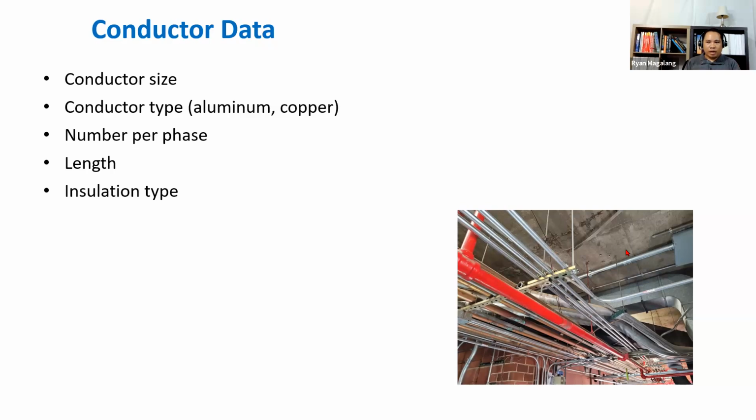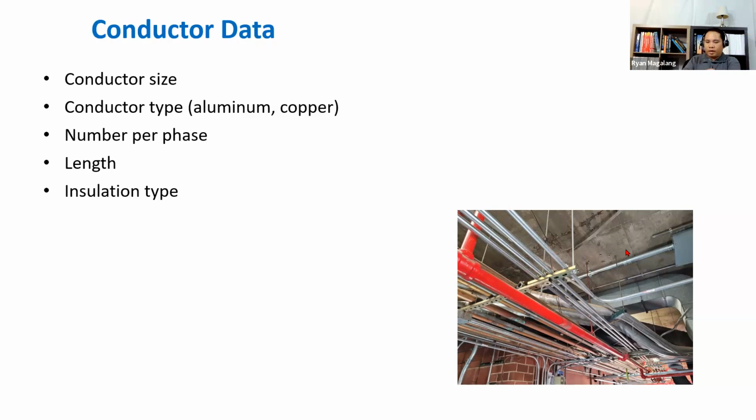So try to gather as much realistic data as possible to get a clearer picture of your installation, as close to the real thing as possible. So get the conductor size and type.